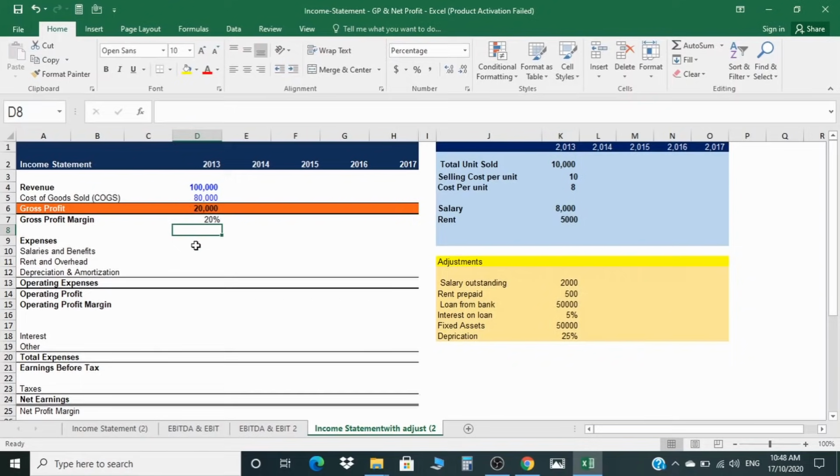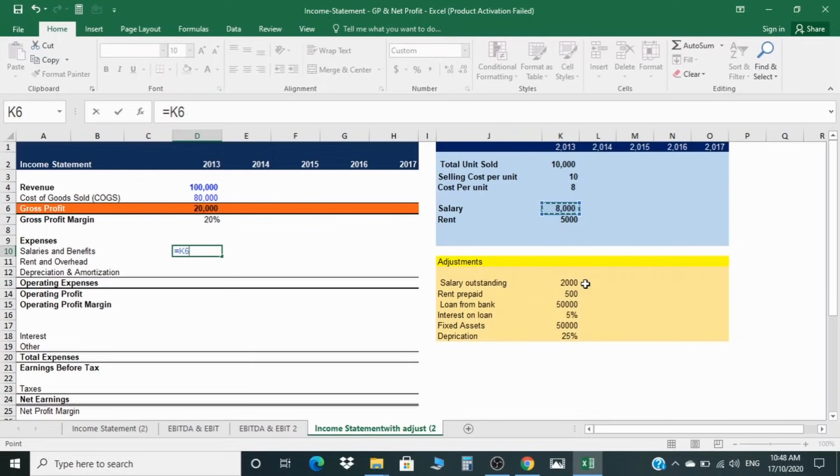So now we go to salary and benefits. If you're paying any salary or any benefits to the employees, then you have to calculate. Total salary is 8,000 and outstanding salary is 2,000.